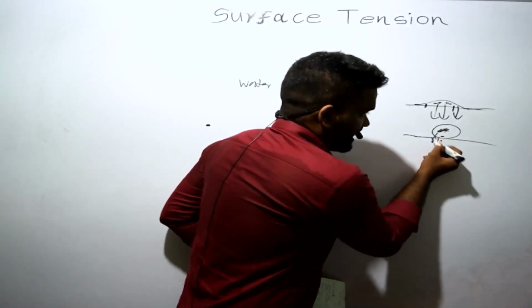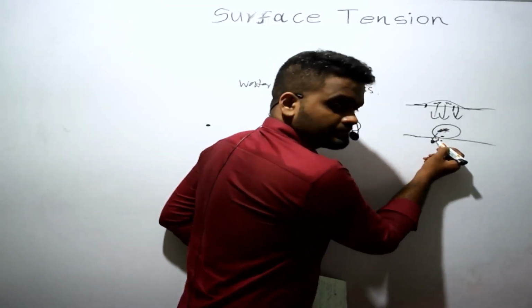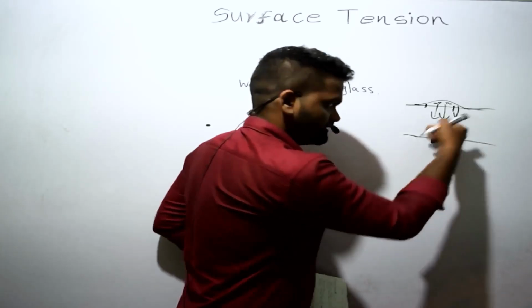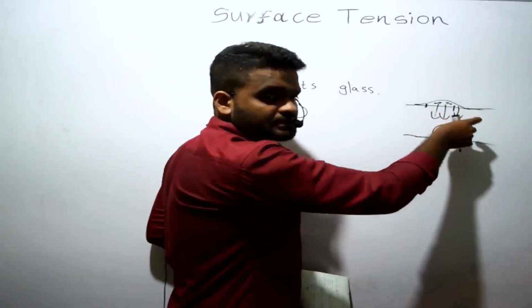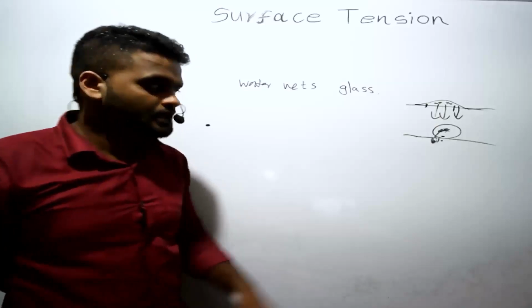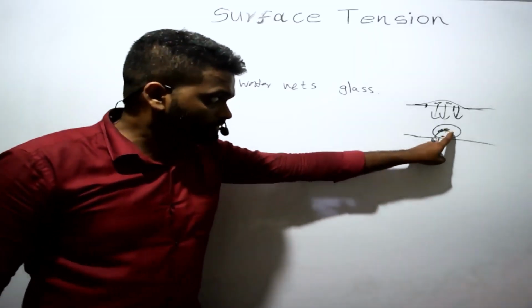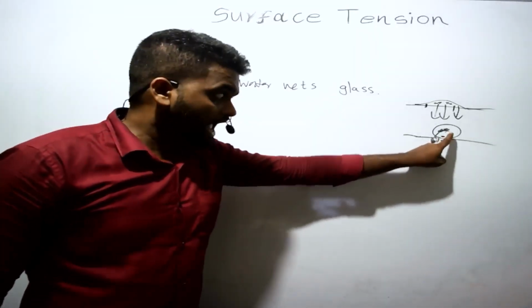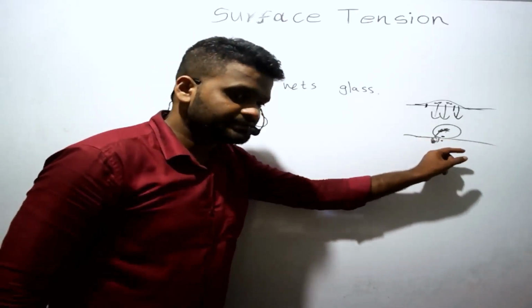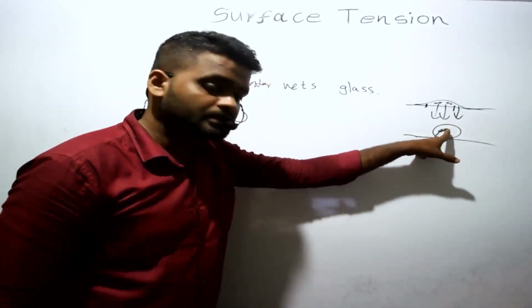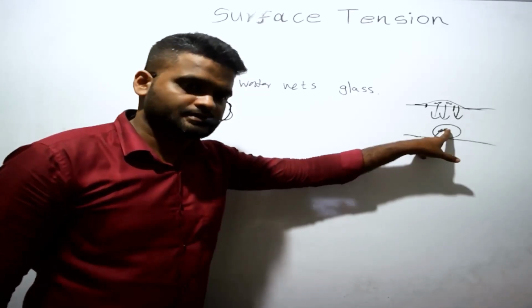Glass particles can't attract the mercury particles as strongly. So we can say adhesive forces are weaker compared to the cohesive forces.